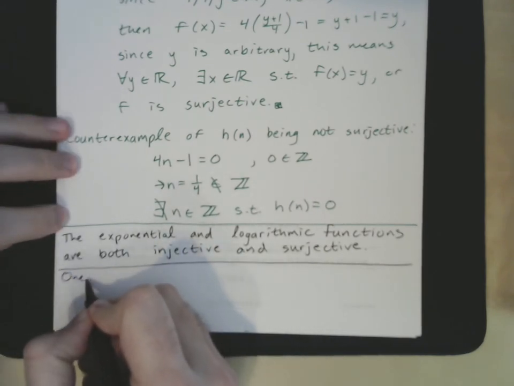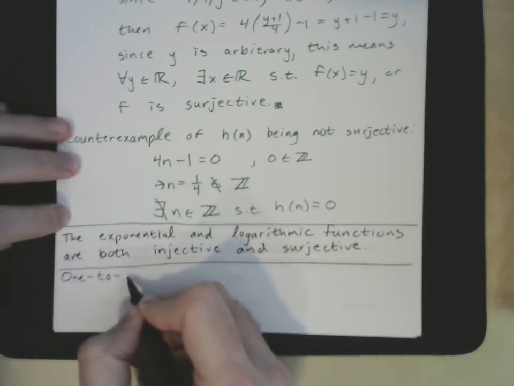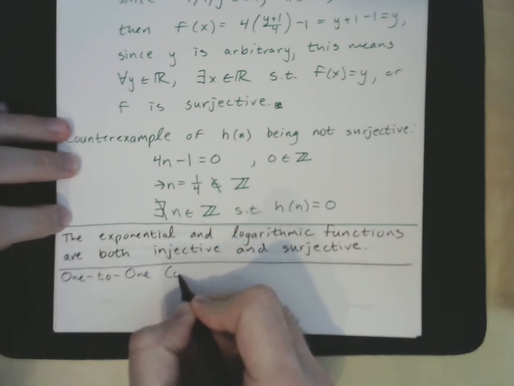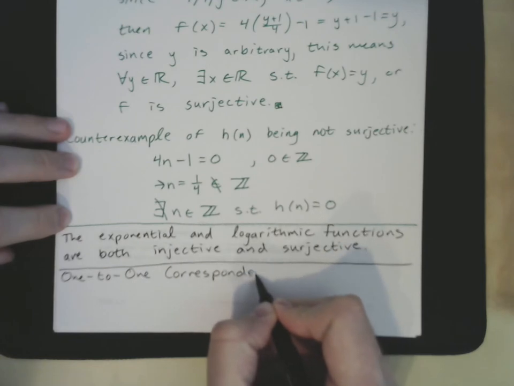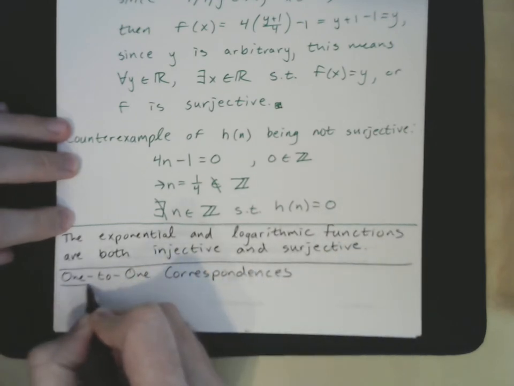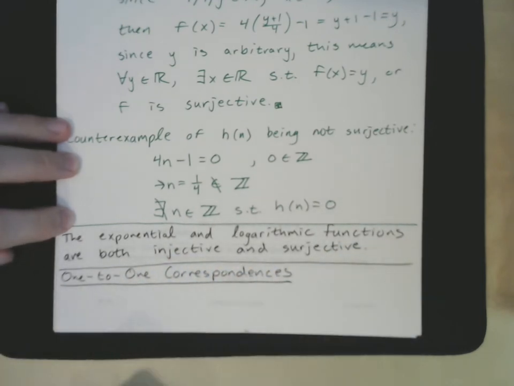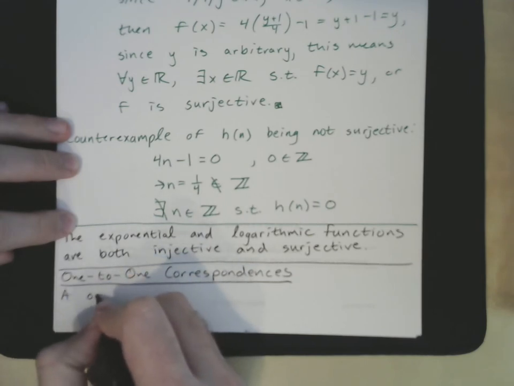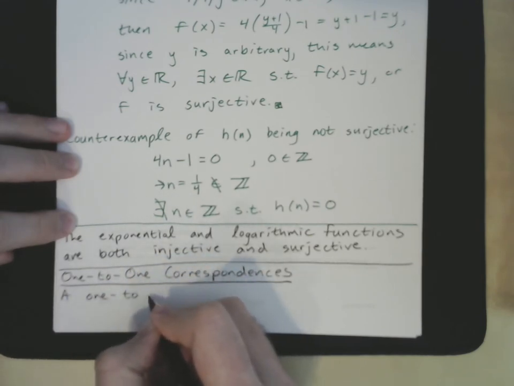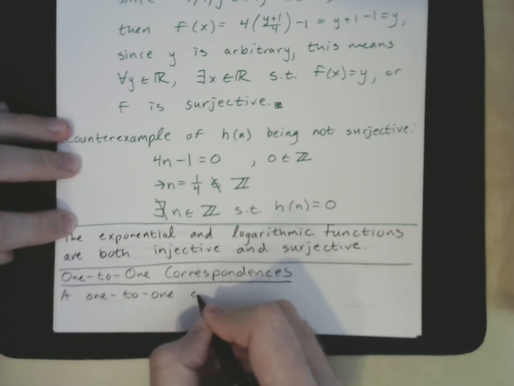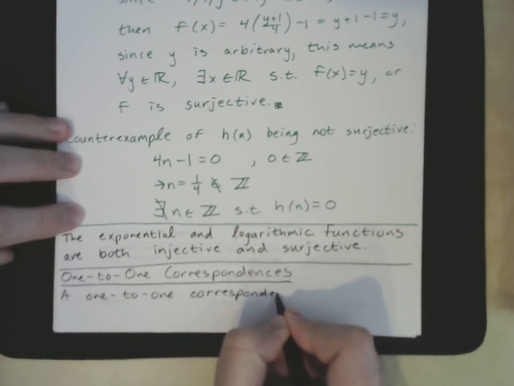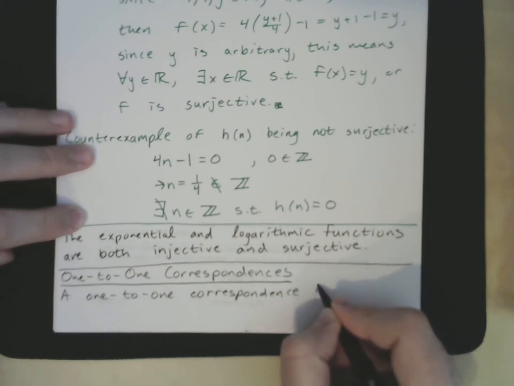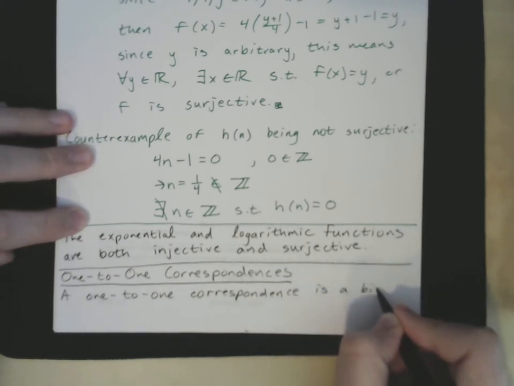So let's talk about one-to-one correspondences. A one-to-one correspondence is a bijection.